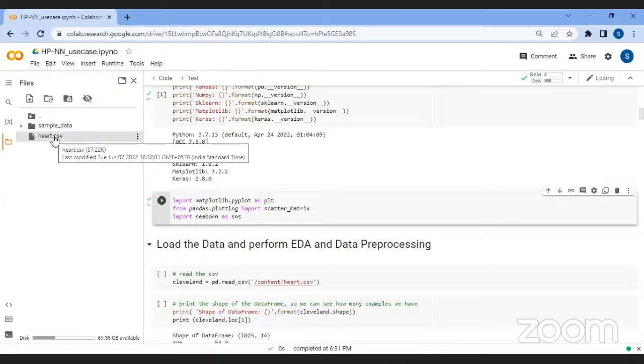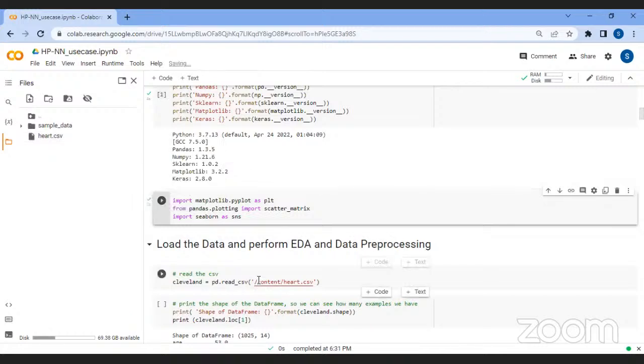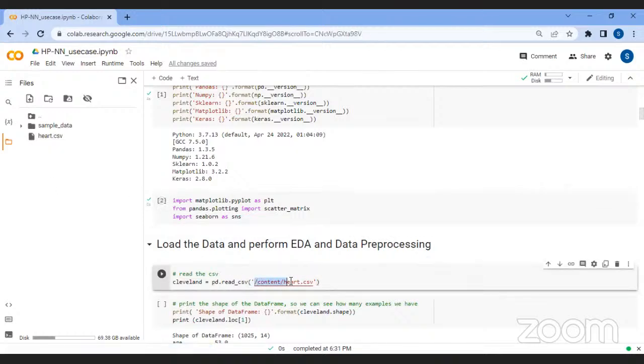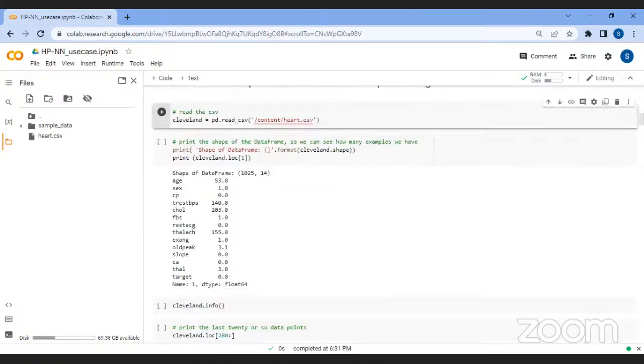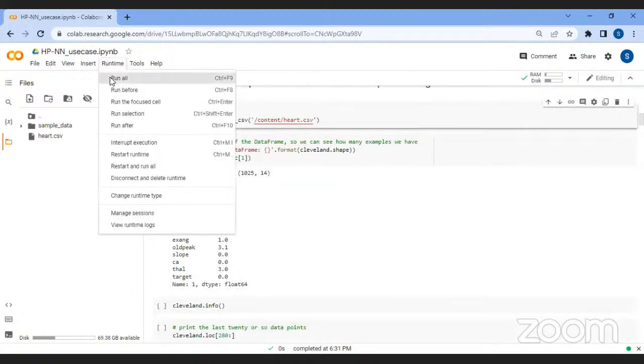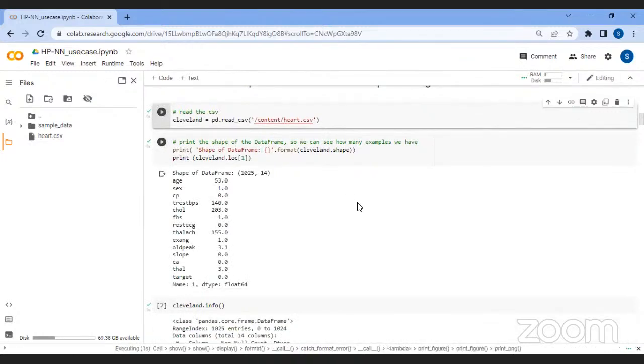So this is the data file we have. We have uploaded our file, and I have run the complete file.